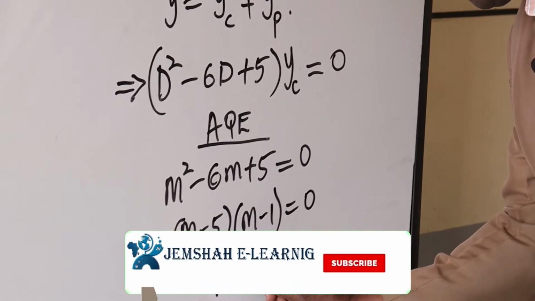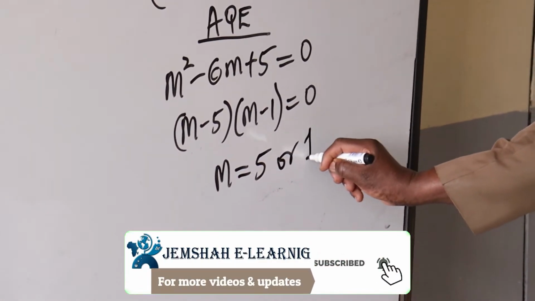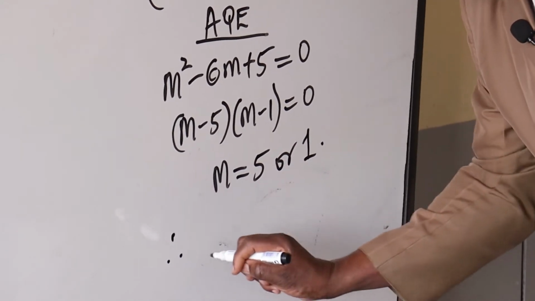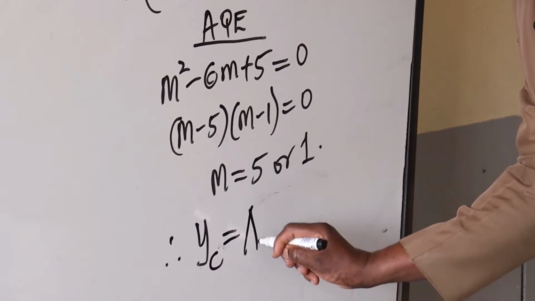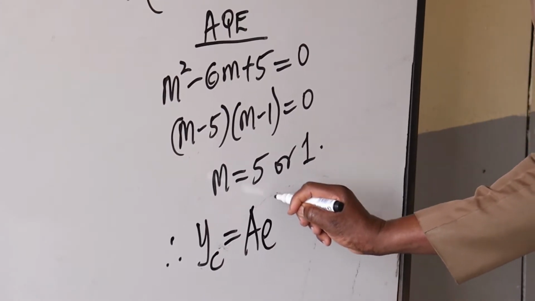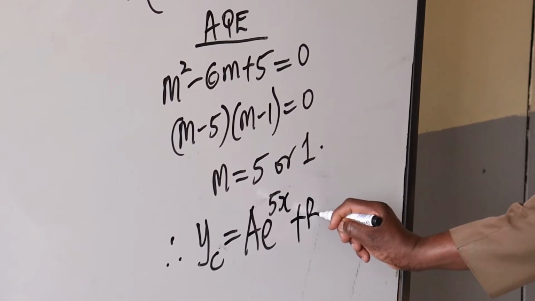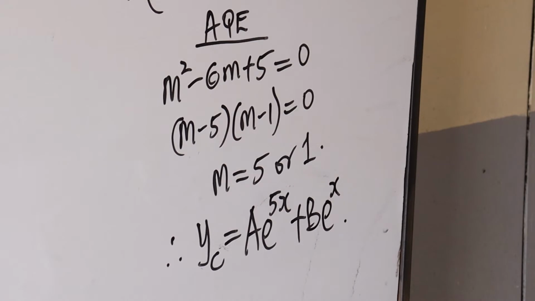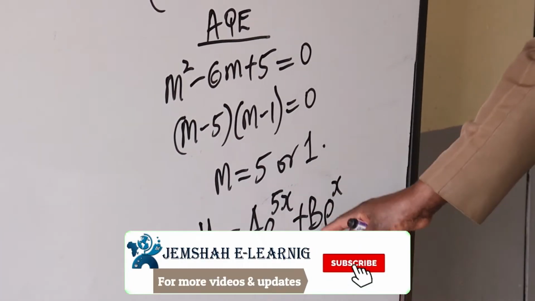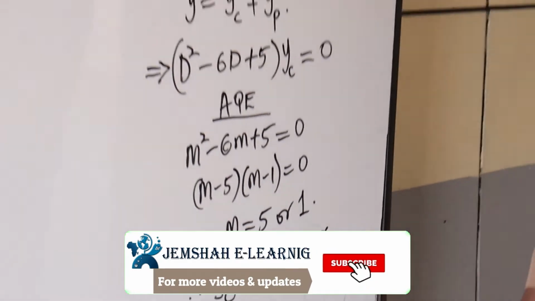So m is equal to 5 or 1. Therefore, our yc will be equal to ae power 5x plus be power x, where a and b are arbitrary constants.